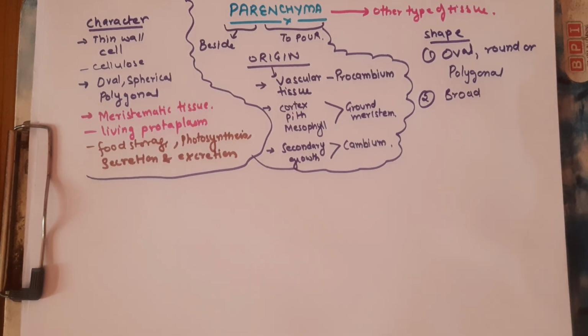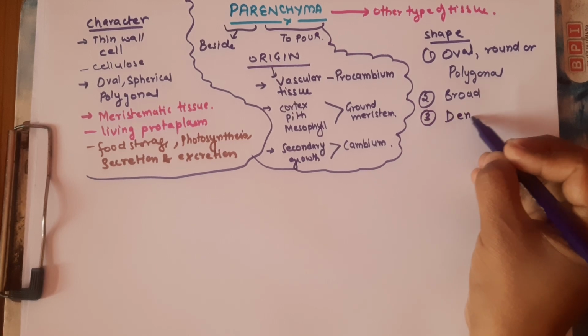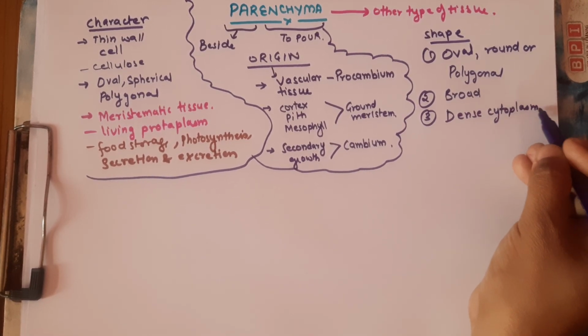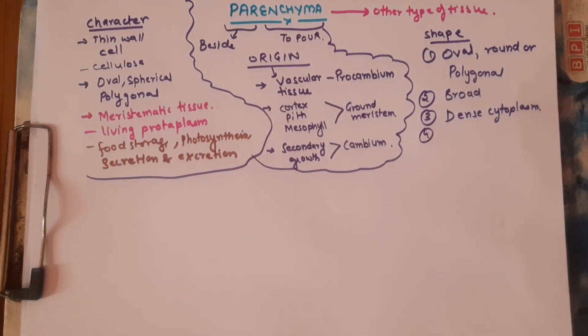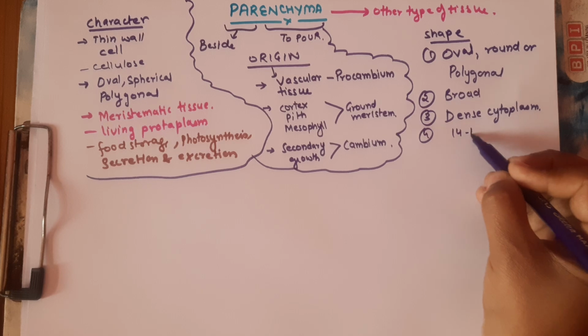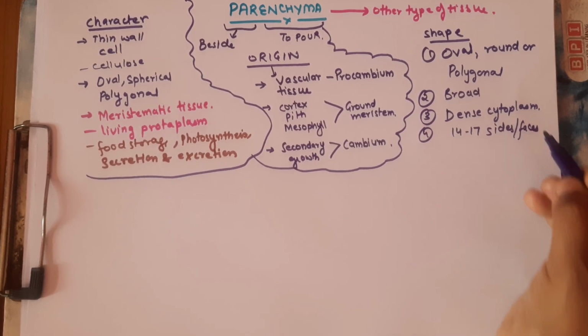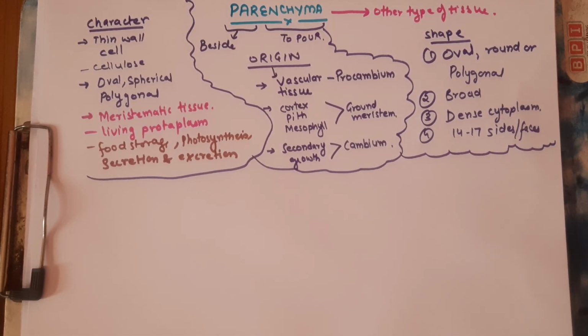They possess dense cytoplasm, and in general they possess many sides, around 14 to 17 sides, or we can say faces also. So this is about the parenchymatic cell shape.